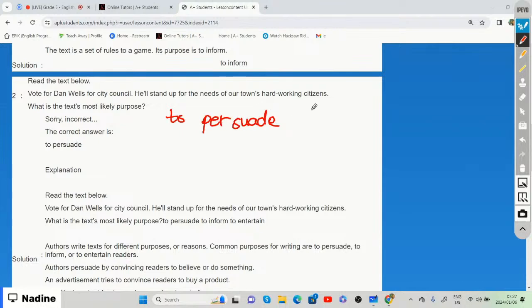They would try to persuade you to vote specifically for this specific person that they are rallying for. In this case, they wanted you to vote for Dan Wells.